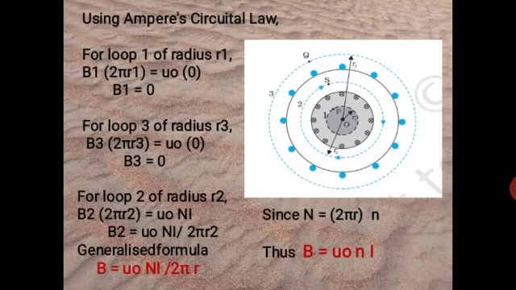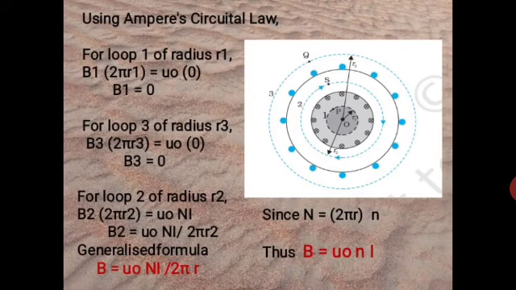Let us now find the magnetic field at a point S which lies inside the toroid. Using Ampere circuital law for the loop with radius R2, we have B2 into 2 pi R2 equals mu naught N I, where capital N is the total number of turns of the toroidal coil and I is the current flowing.